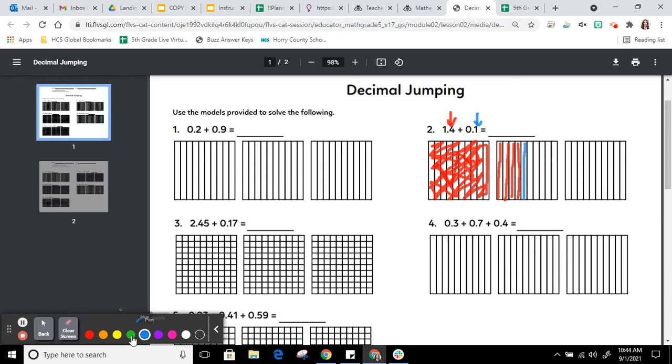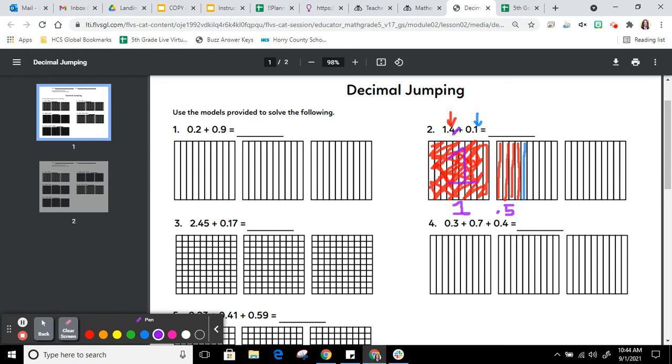Now we add them together, and we've got one whole and 1, 2, 3, 4, 5/10. So I'll write it underneath. It's a little hard to see. One whole and 5/10.